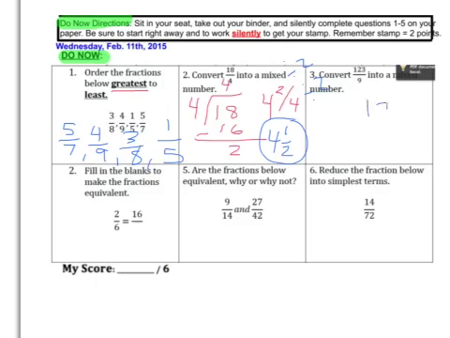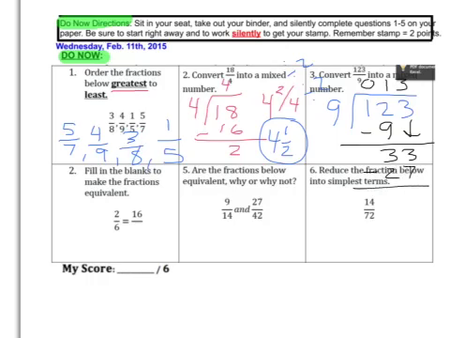Question number 3, same type of problem. You start with 123, divide it by 9. 9 doesn't go into 1, I can put a 0. 9 goes into 12, 1 time. 9 times 1 is 9. I subtract. 12 minus 9 is 3. I bring down my 3. 9 goes into 33 3 times. 9 times 3 is 27.